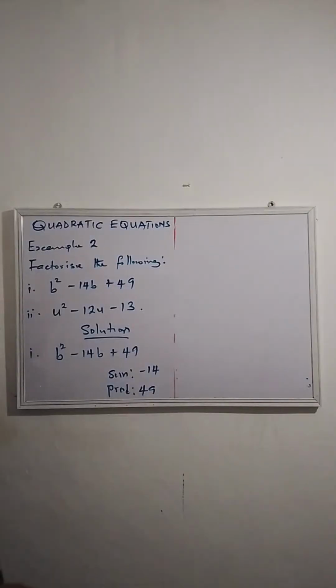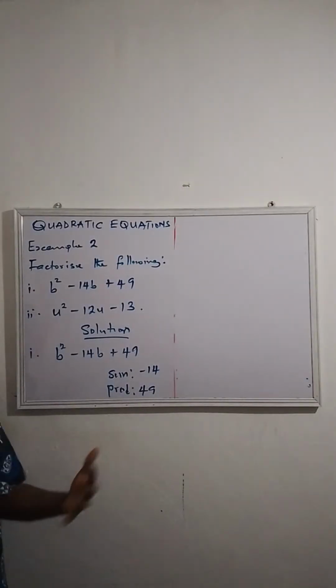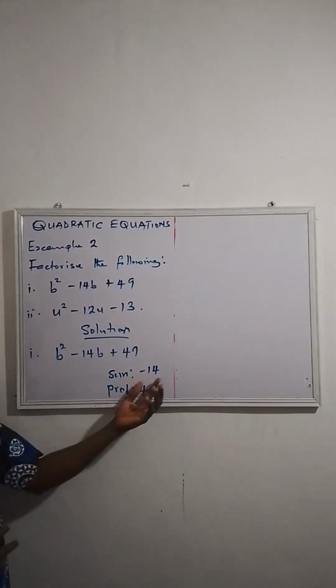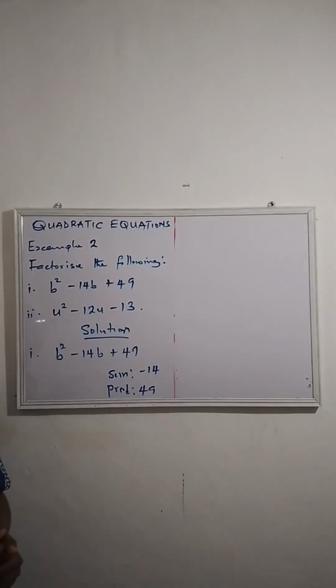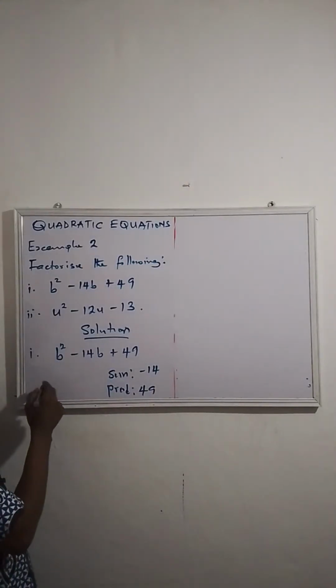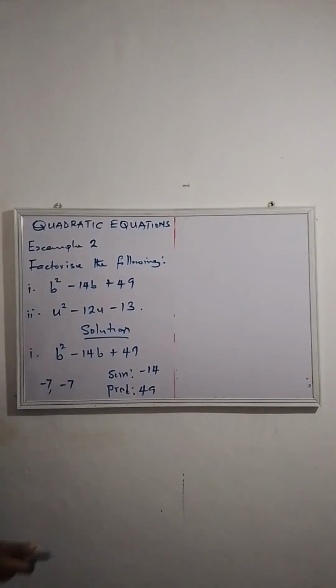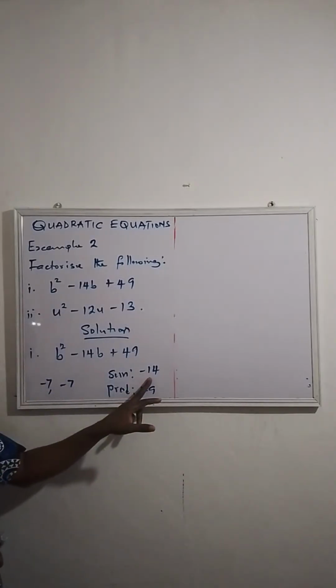All right, so you look for two numbers such that when you multiply together, you have 49, and when you add together, you have minus 14. The two numbers must be factors of 49. So we have negative 7 and negative 7. You can see when you add negative 7 and negative 7 together, you have negative 14.